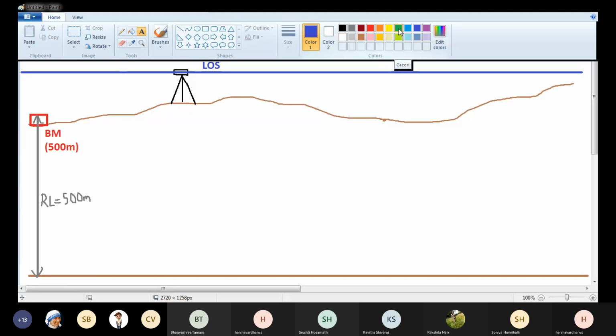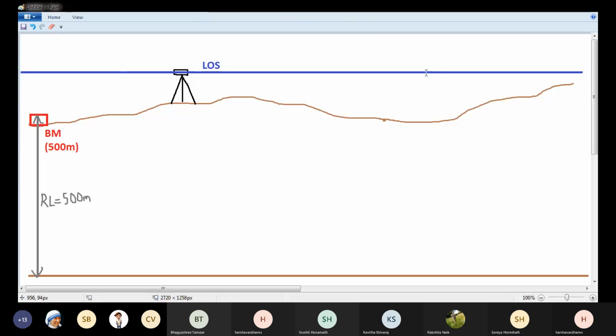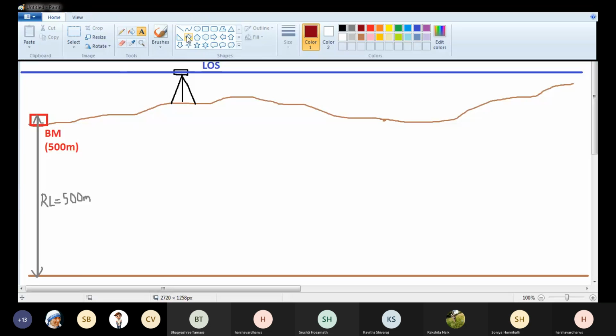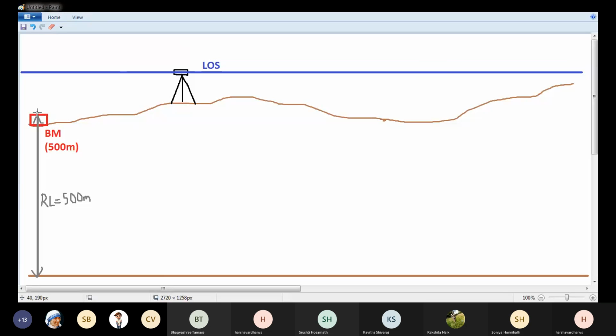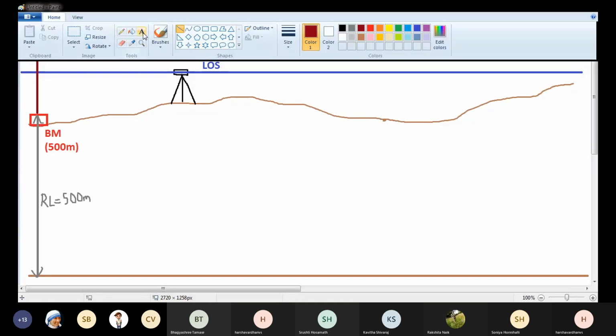Next I'll keep the leveling staff on the benchmark, and from the leveling instrument, I'll sight the staff and take the reading.